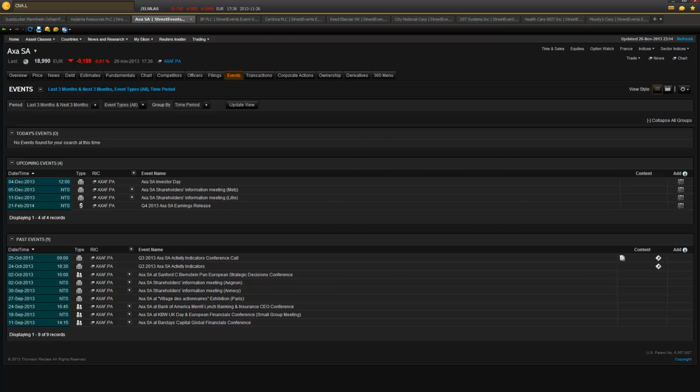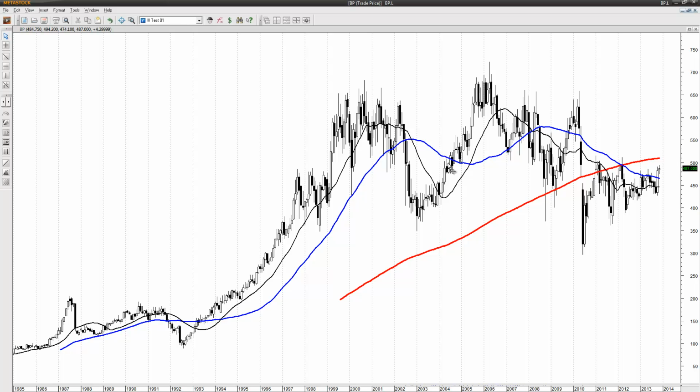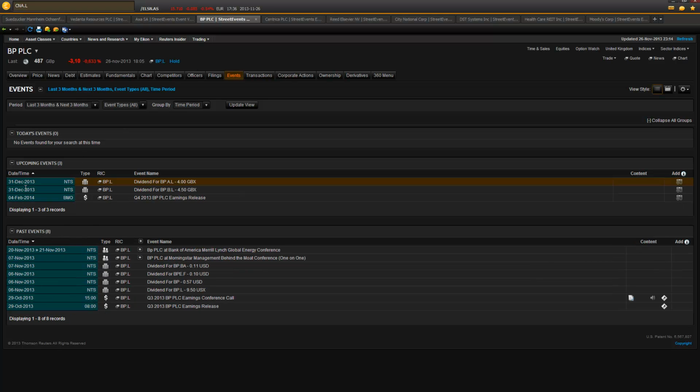No earnings in the next coming weeks. British Petroleum. I'm using this high peak from 2011. The print is 514, and that's where I put in my short sell limit order. BP, no earnings in the near future.